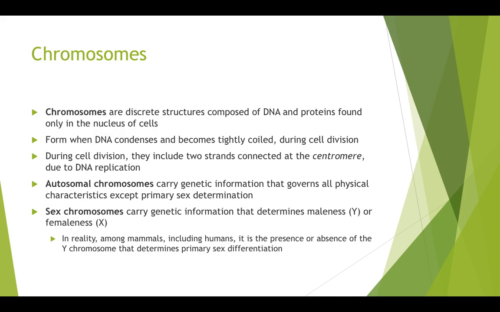Every cell in our body has a full complement of autosomal chromosomes, even our gametes. Every cell in our body also has a copy of our sex chromosomes, but based on where those cells occur, different genes on different chromosomes are going to be activated in this process of cell and tissue differentiation.